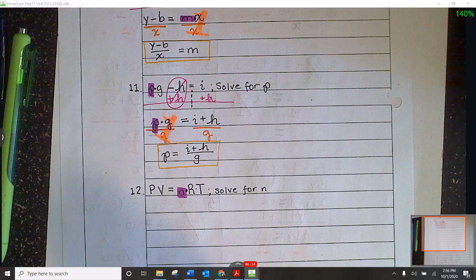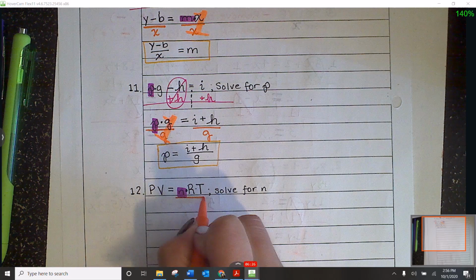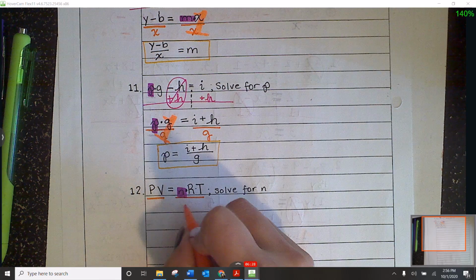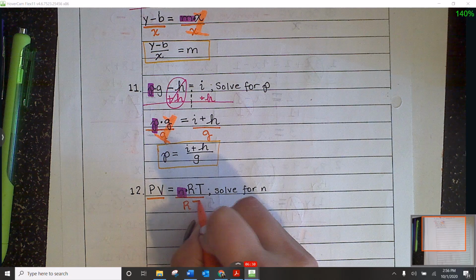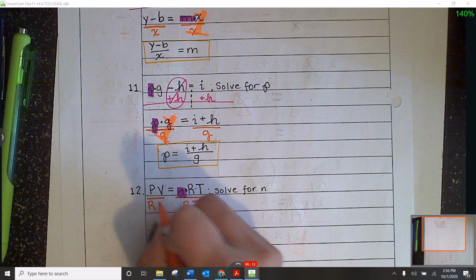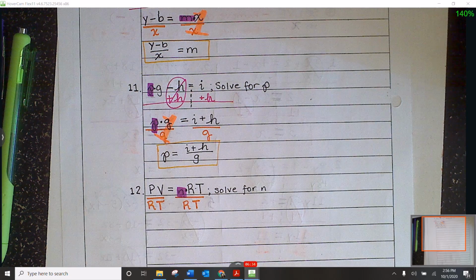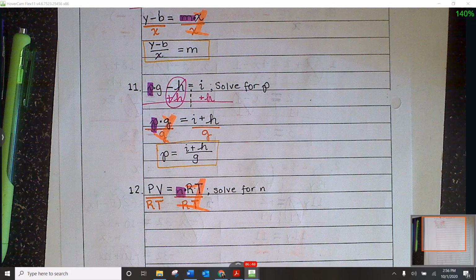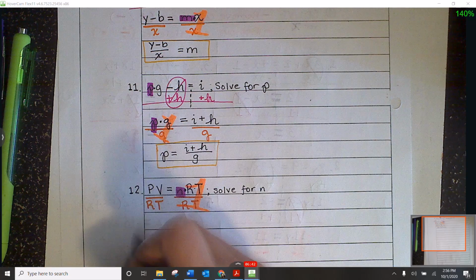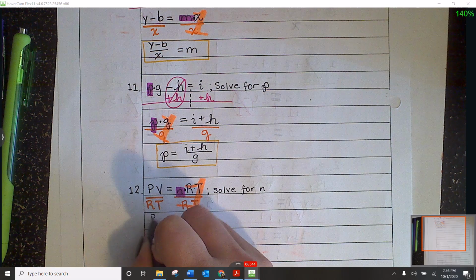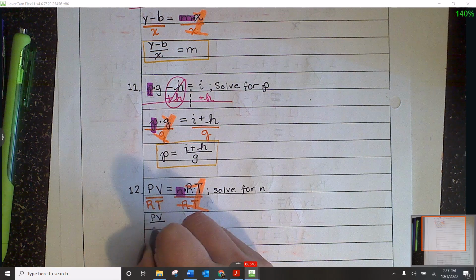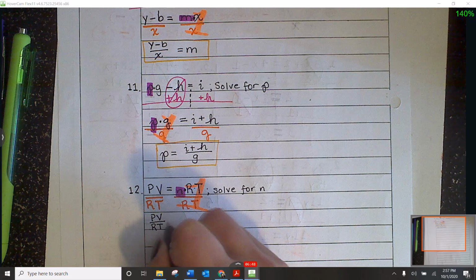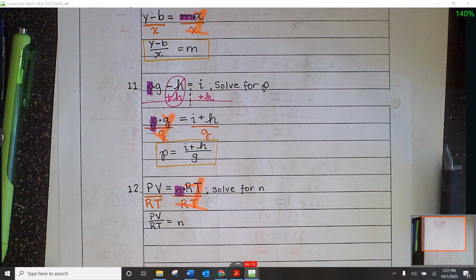All I have to do is divide both sides by RT. Because RT divided by RT is 1. So all that hot mess, PV divided by RT is equal to my lowercase n.